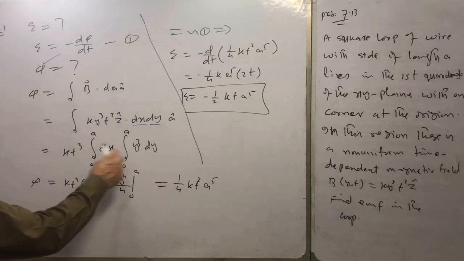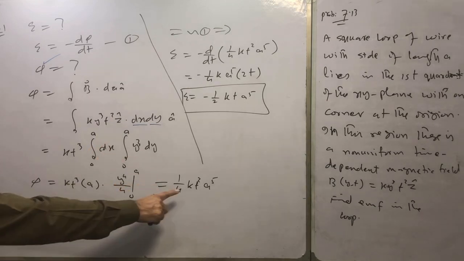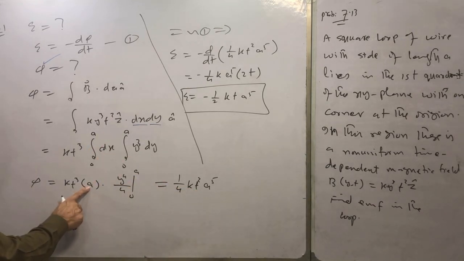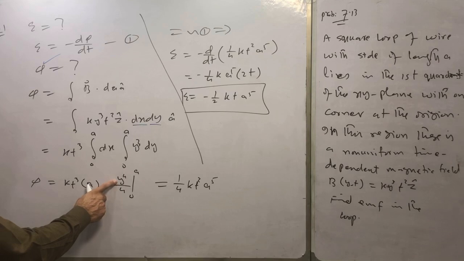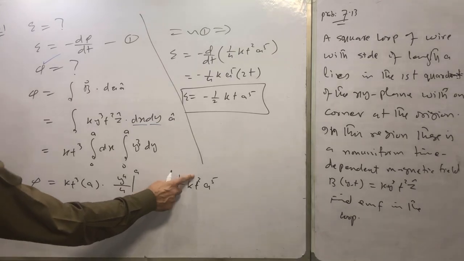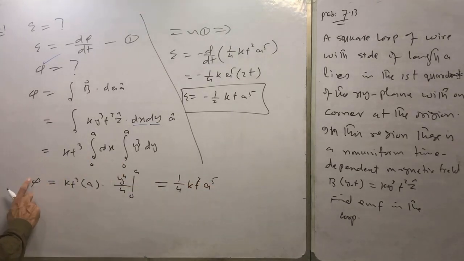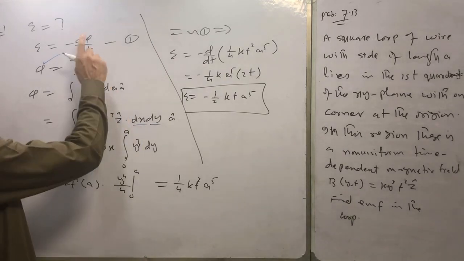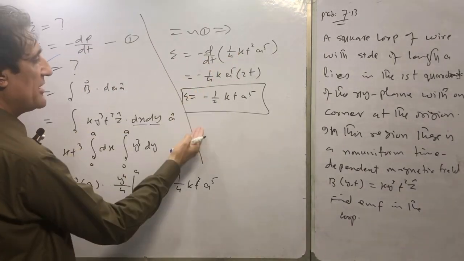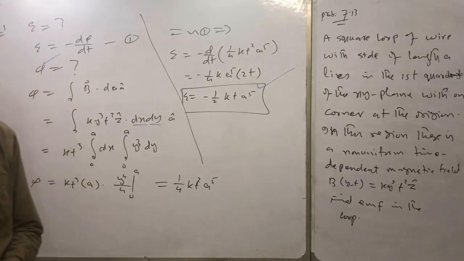Putting all the limits, this becomes a to the 5 divided by 4, which is equal to 1 over 4 k t square a to the 5. Putting the value of this phi in equation number 1 and just differentiating, one can get a very simple expression, minus half k t a to the 5.